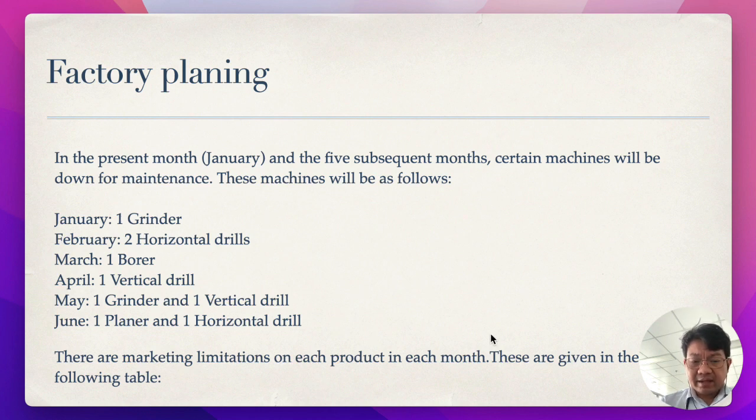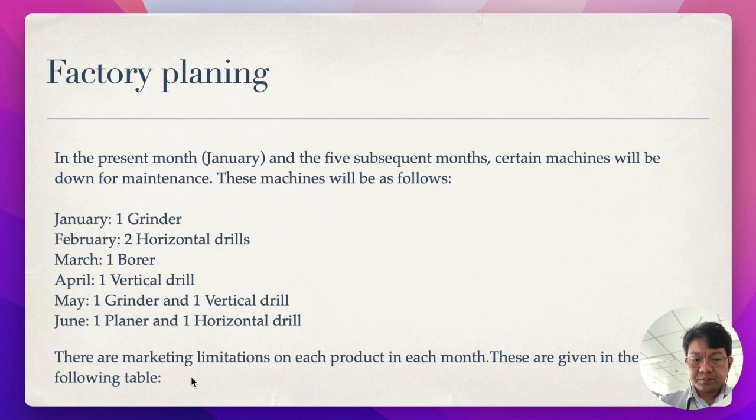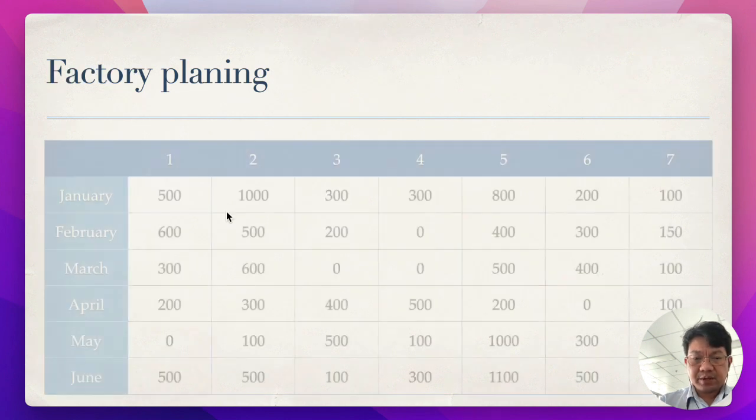They are making marketing limitations on each product in each month. These are given in the following table. This table. It's a marketing limitation, okay, for each product.